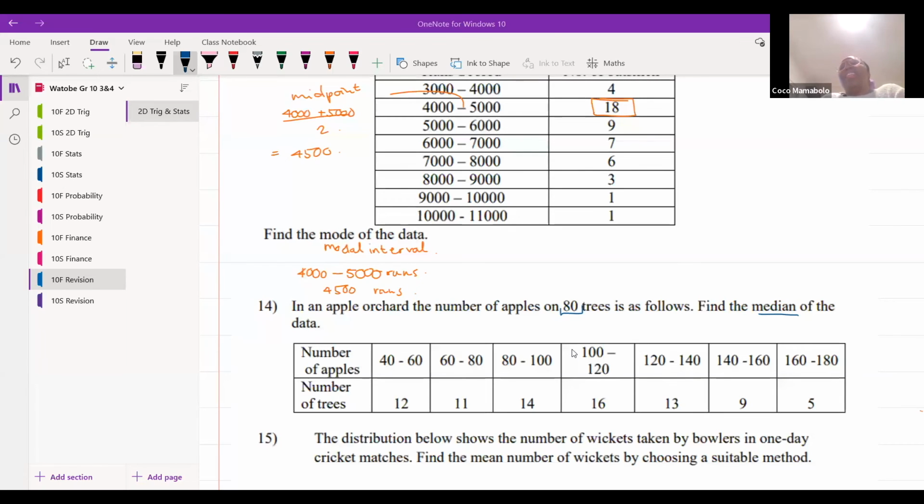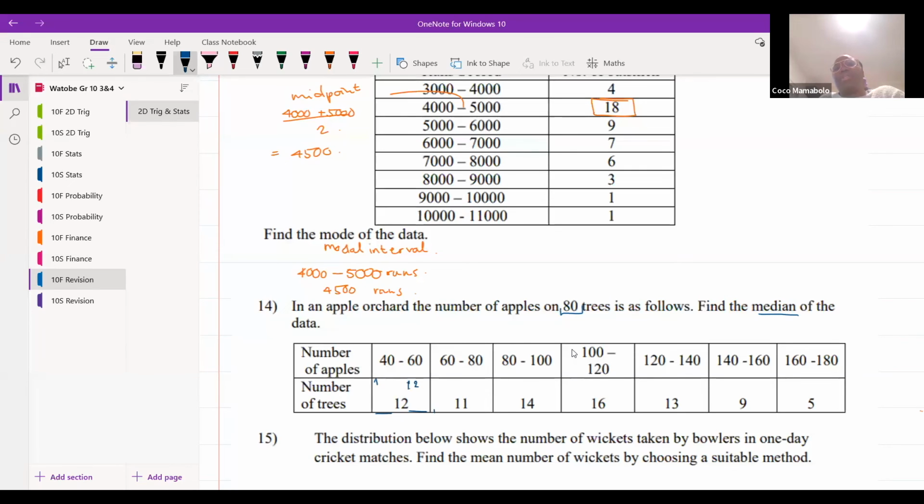We're looking for the 40th tree. The easiest way to do that, and I can see people saying we need to rearrange, but not in this particular case, we don't need to rearrange. So we're going to look for the tree in the 40th position. This first interval, where the number of trees is 12, tells me that I'm looking at the trees between the 1st and the 12th position.